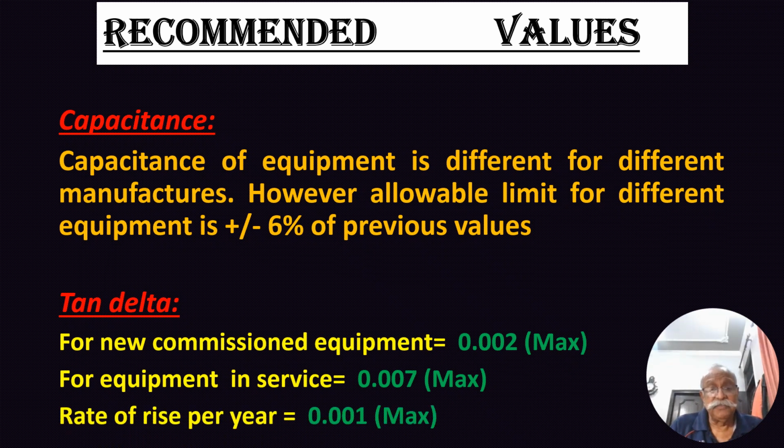The rate of rise per year is normally allowed at 0.001, but if you look into this formula, it means that the equipment can get damaged after 7 years of service, if we take 0.001 up to a maximum value of 0.007.